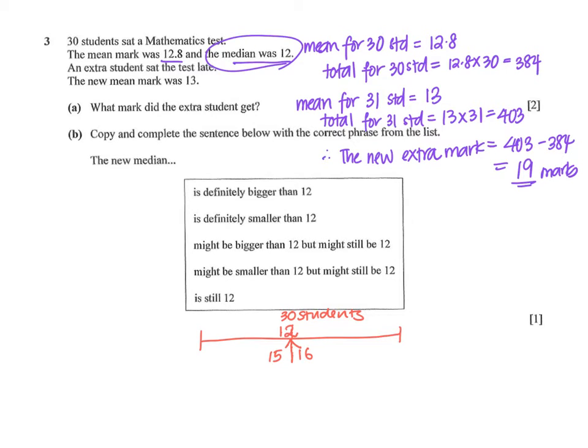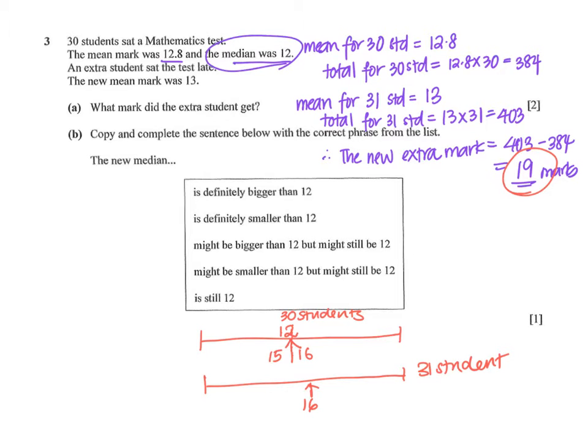But now I have 31 students. If I have 31 students, what is the middle position? The middle position now shifts to the 16th student. Now I know that the extra test taker scored 19 marks. 19 is slightly bigger than 12.